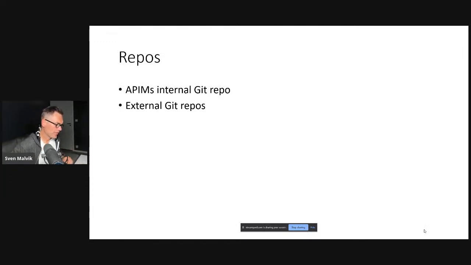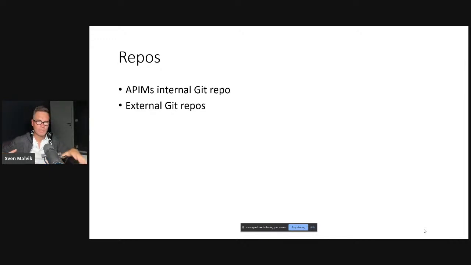Okay, then repository. So where do you keep the APIs? I said in the beginning that you can have it as a monolith, with all your APIs in one repository. And that's what we did basically. We had an external repository where we kept all those APIs, and we had a team, or basically one person, that was responsible for this.